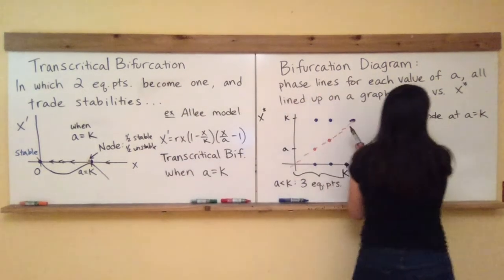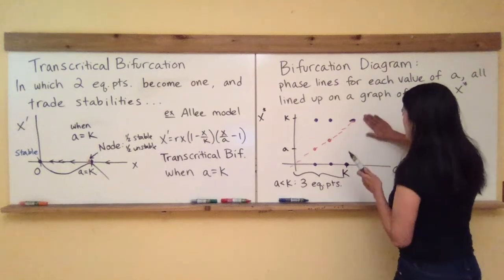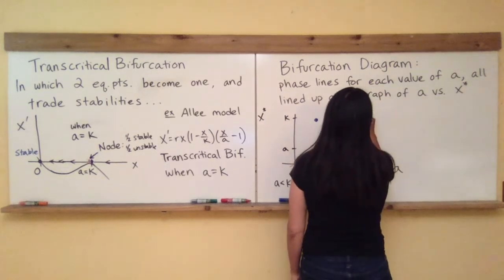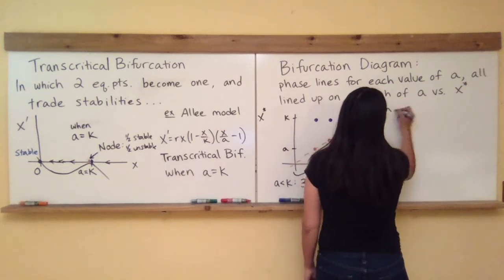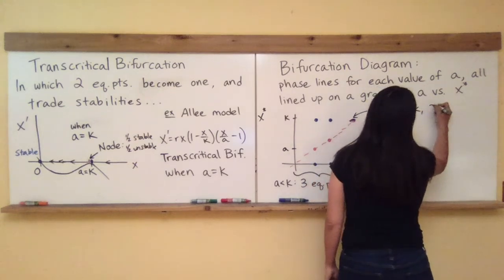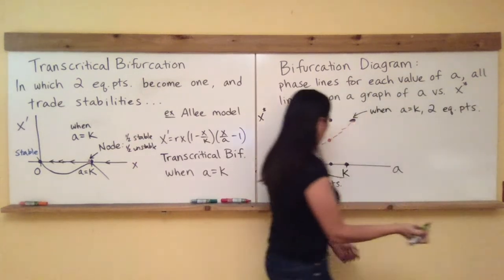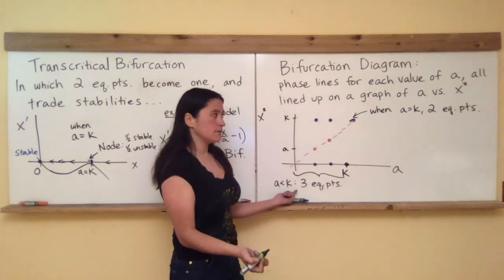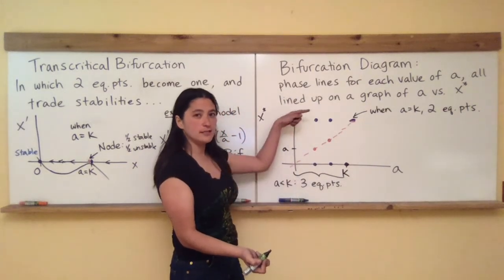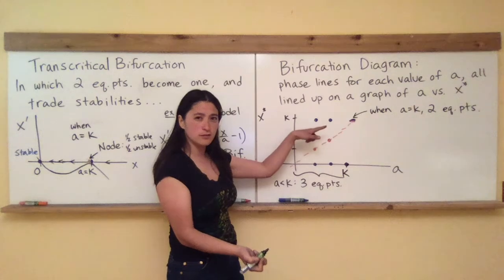So when A is equal to K, I have 2 equilibrium points. When A is less than K, I have 3 equilibrium points. When A is equal to K, I have 2 equilibrium points.